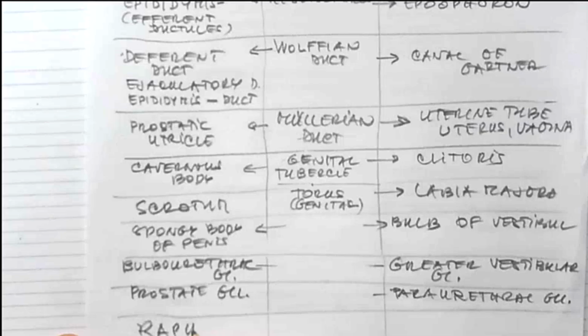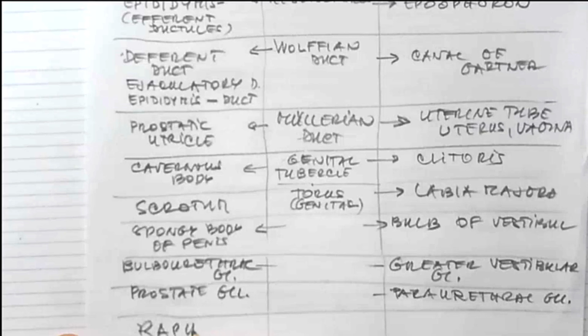Rima is the cleft, rima of pudendum. Pudendum corresponds with the external genitalia. So I'm 100% sure that this is more than sufficient. The homologous organs are done.